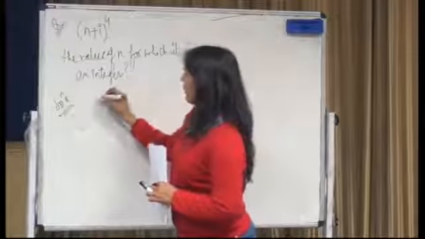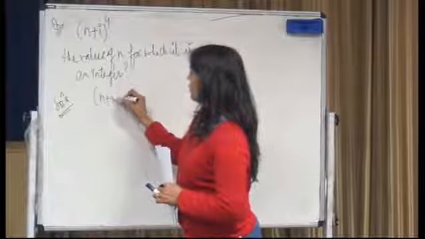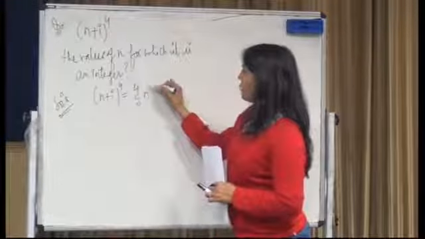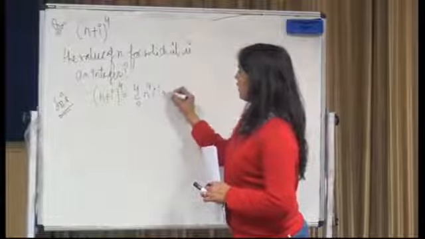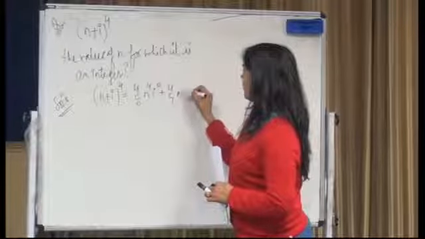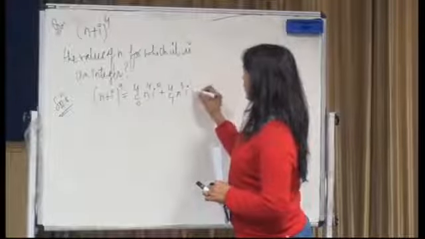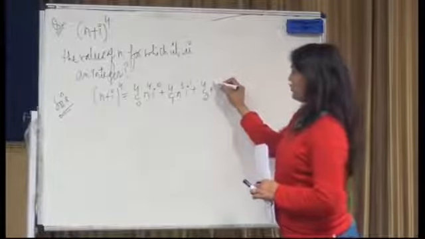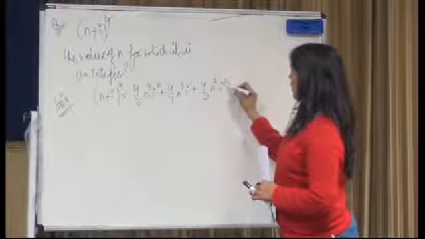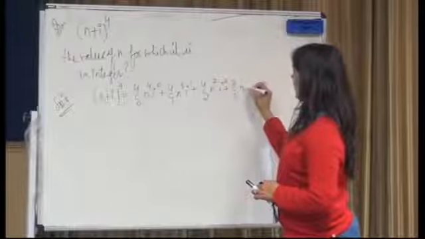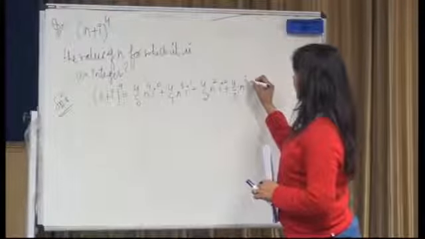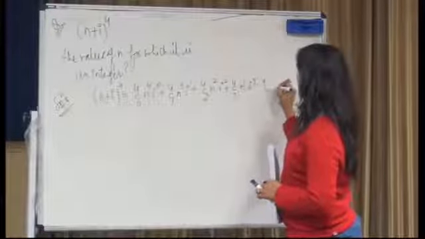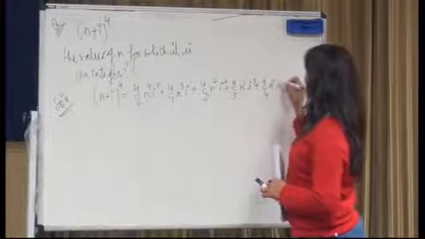So when you are opening it by binomial, first will be 4C0 n power 4, then 4C1 n cube iota, 4C2 n square iota square, 4C3 n iota cube plus 4C4 n^0 iota^4.